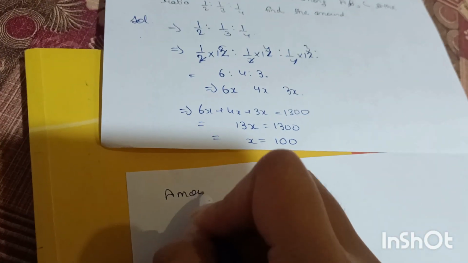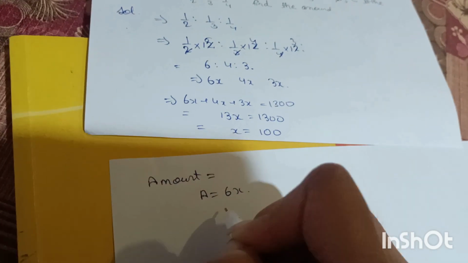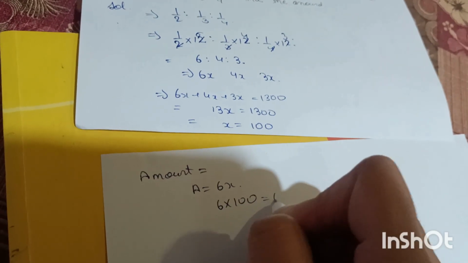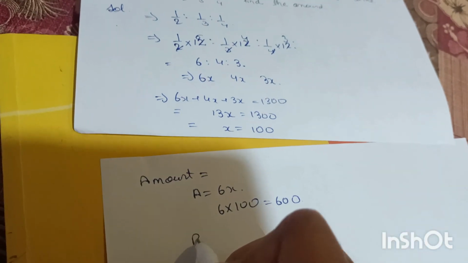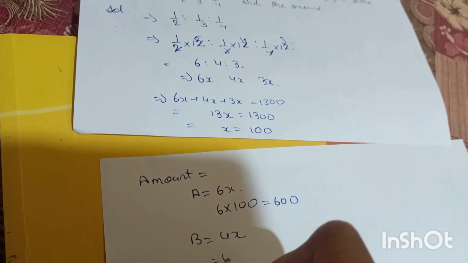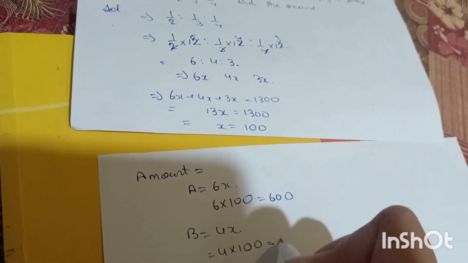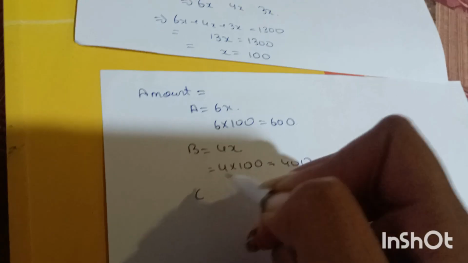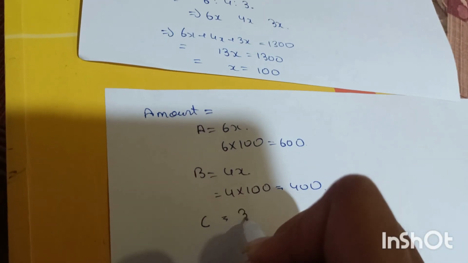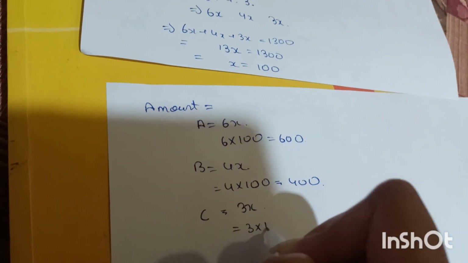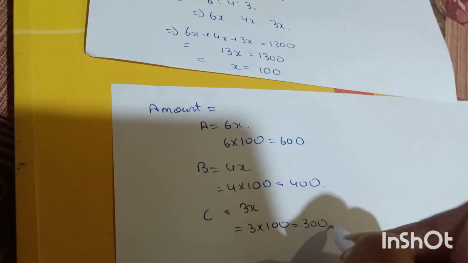So the amount for A will be 6x. So 6 into 100, you will get 600. Then for B, it will become 4x, 4 into 100 equals to 400. Then for C, you will get 3x. So 3 into 100 equals to 300.